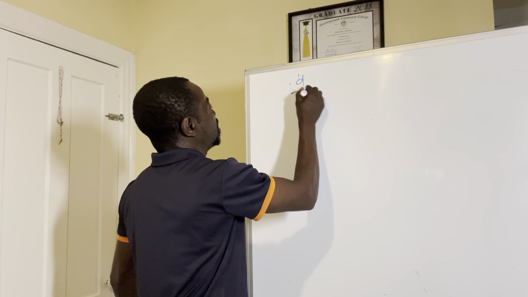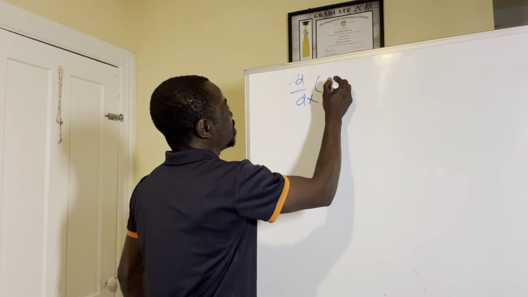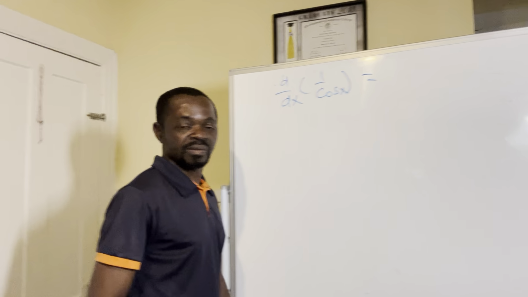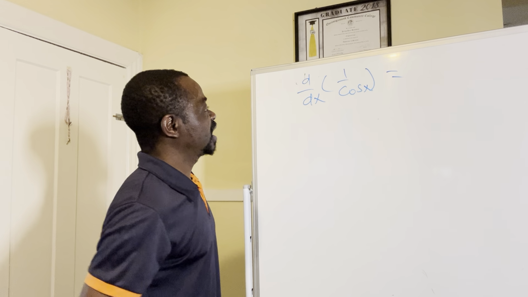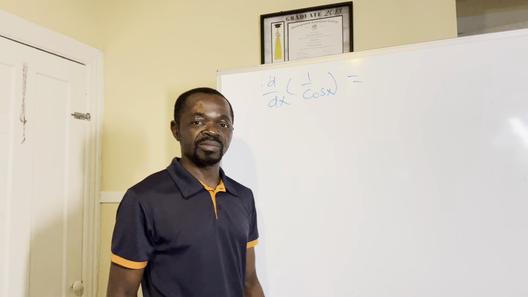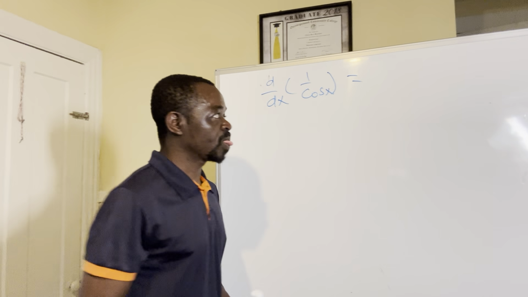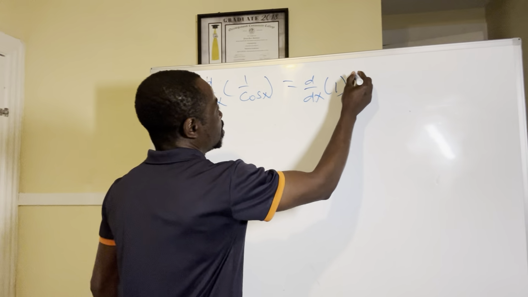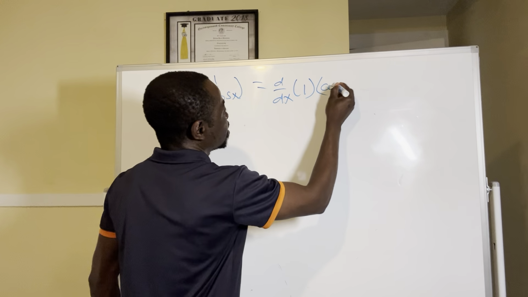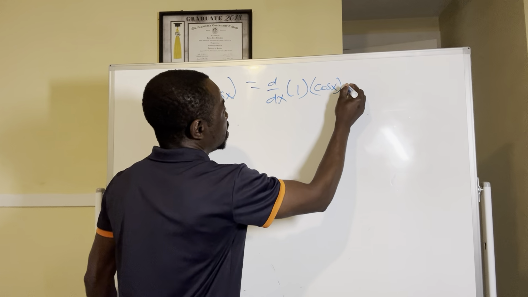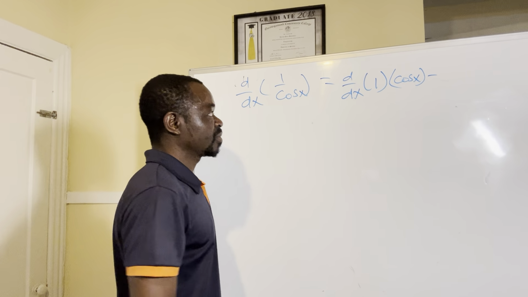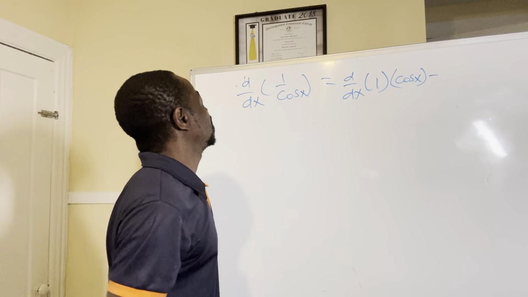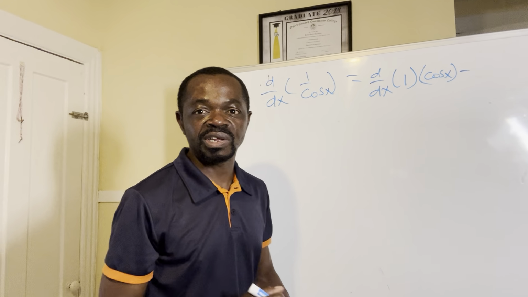So we have d dx of 1 all over cos of x. That gives us, now we'll hold the guy at the bottom as a constant term, then we'll differentiate the guy at the top. So we can say d dx of 1, then cos of x, then minus, we differentiate the guy at the bottom and then we hold the guy at the top as a constant term.